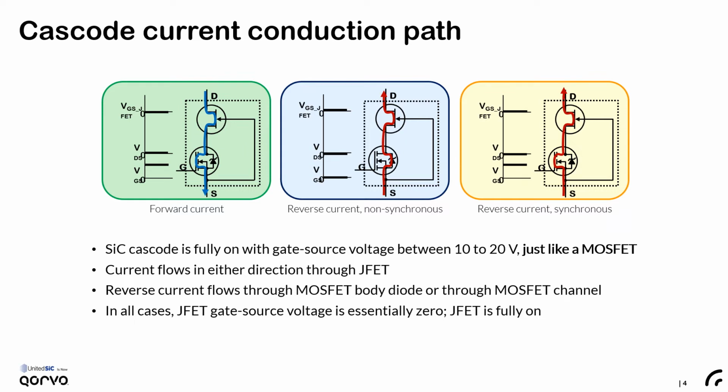Like in forward conduction, current flows in both the low-voltage MOSFET and JFET channel. You can see whether in synchronous rectification or not, the JFET channel is always on, and the LV-MOS body diode has a voltage drop of about 0.7 volt at room temperature. Therefore, silicon carbide FET provides very low third quadrant conduction loss, especially when synchronous rectification is not applied.